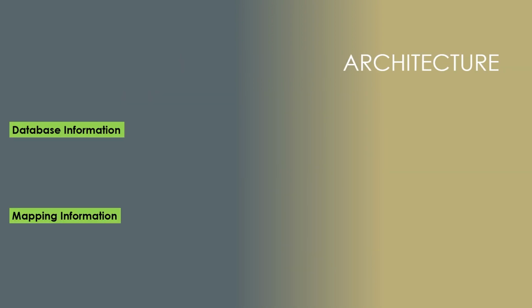Now the final part for this deck is our architecture. So we are going to see this, and after this we are going to move towards our code. Till now you understood that in order to work with Hibernate, we basically need two things. One is the database information, for which we have decided to go for Hibernate.properties, and the second one is mapping information, for which we have decided to go for the annotations.